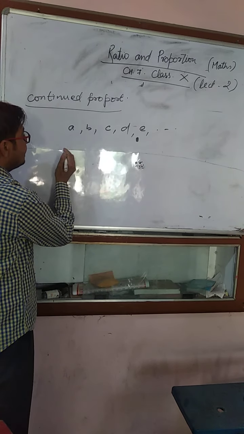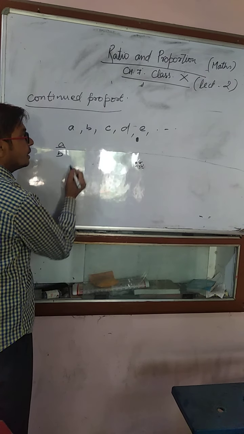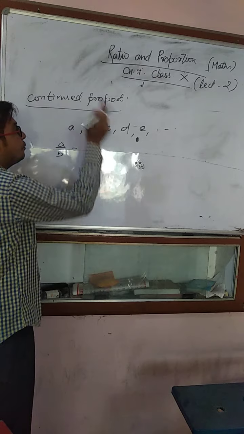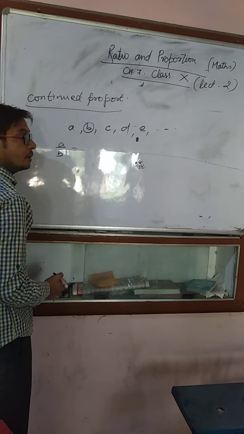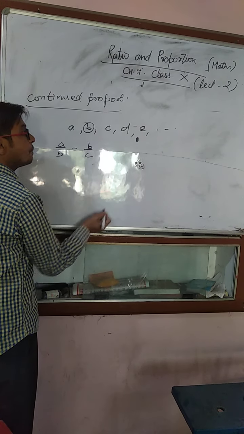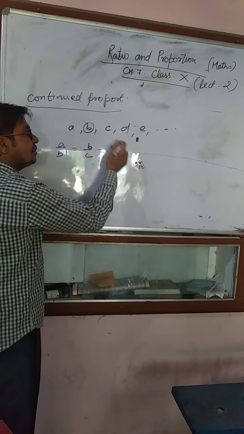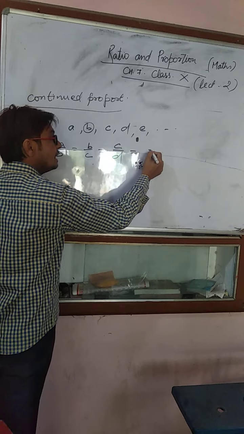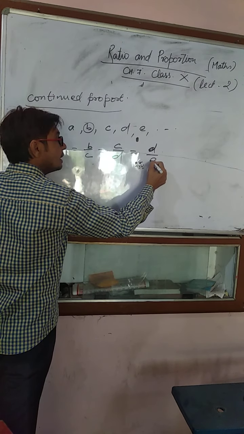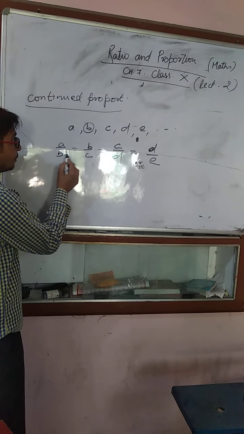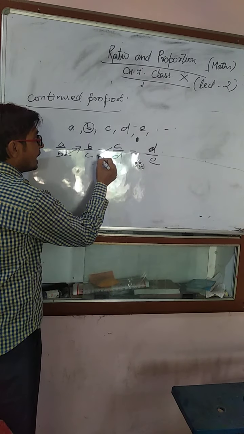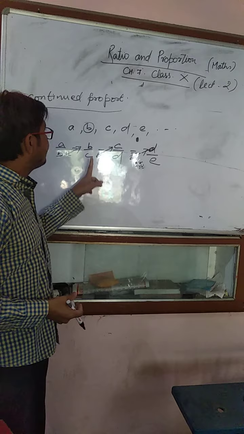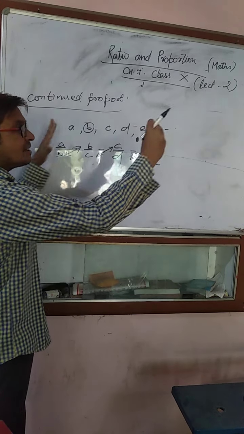Now make this one A by B is equal to, not C by D, but B by C, and again repeat C by D, and again repeat D by E. These are repeated always.